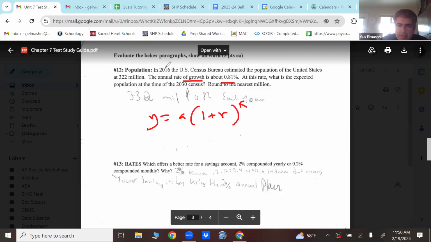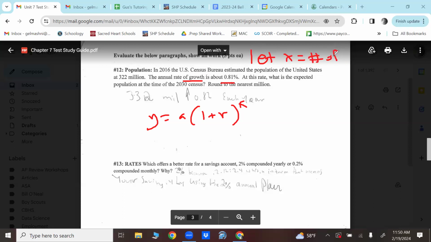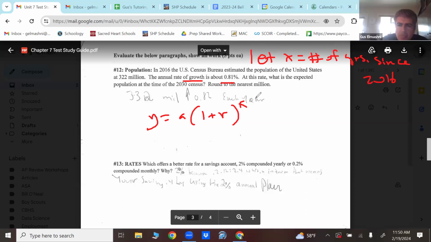So 2016. What we should do is let x be the years since 2016. So 332 is your initial value.